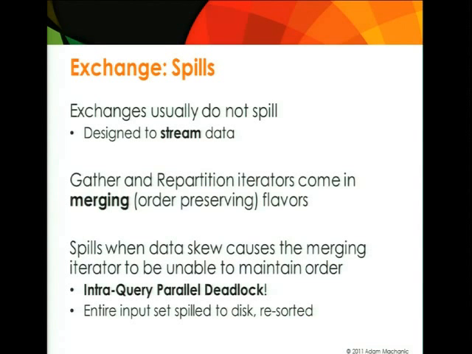Nice little terminology. If you use it back at the office, everyone will be very impressed, I guarantee. And you can go look it up and find out when it happens. Again, it's kind of difficult to actually even get this to happen. So hopefully you won't see this in your environment too often. If you do, you definitely want to investigate it a bit, because intra-query parallel deadlocks will greatly slow down your plan.